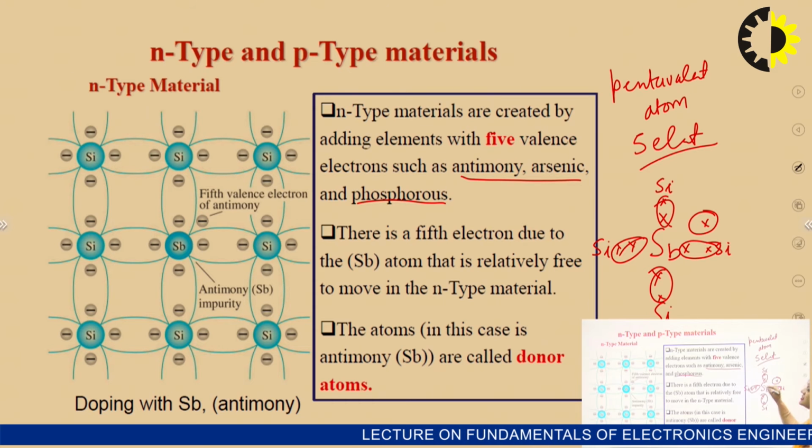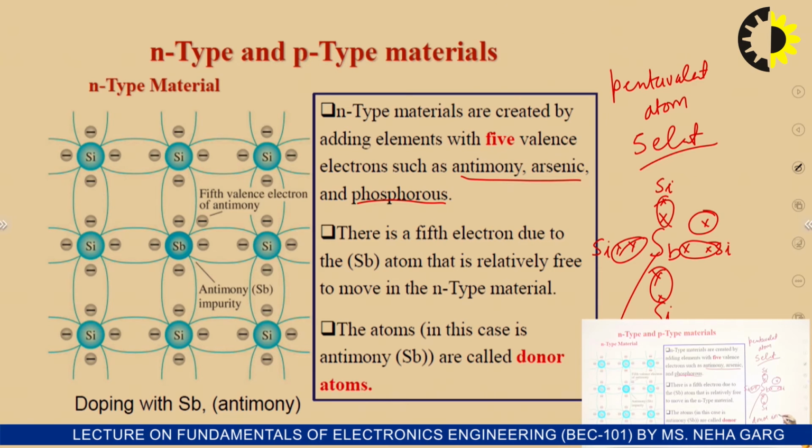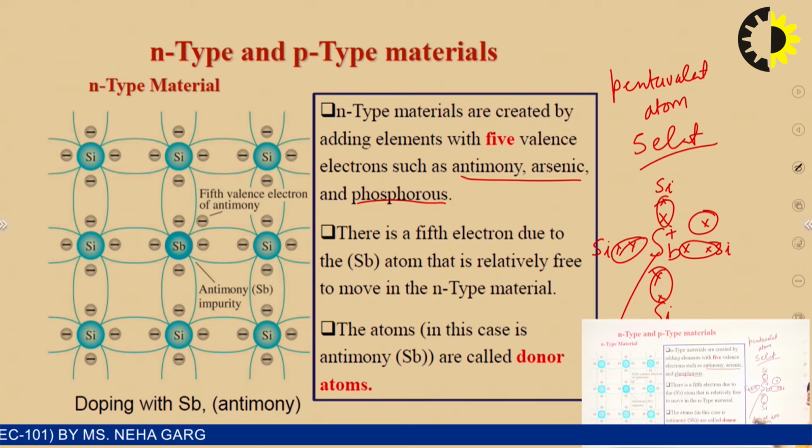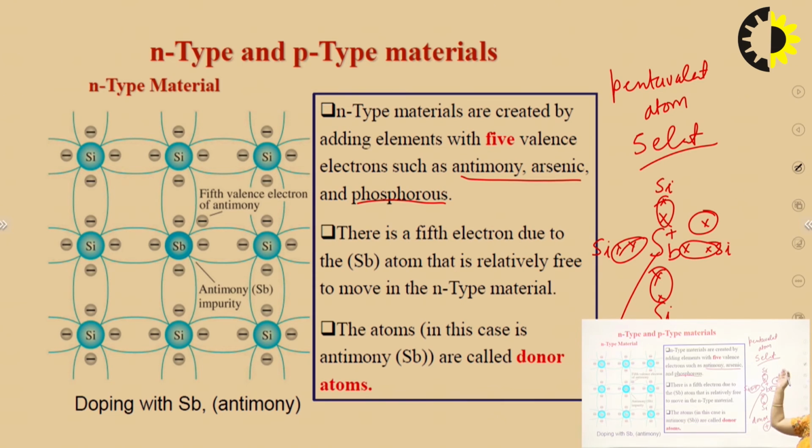This antimony is called a donor ion because it provides this electron for the conductivity. When this electron leaves this atom, this antimony becomes positive. So the donor ion is always positive in nature, because one electron is removed from this antimony, and this electron is now freely available within the crystal to provide the conductivity.